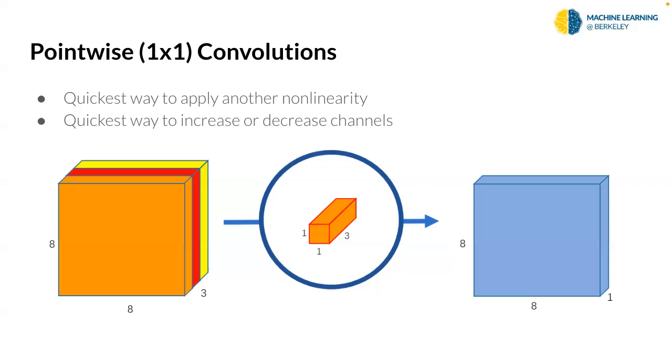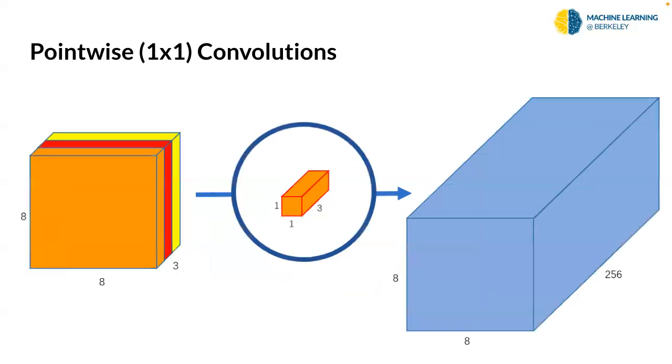Then depending on how many 1x1 convolutions you have, that's going to be the number of output channels. So you can think of it as an MLP over the channels dimension. By applying 256 of them, we can create an array of 256 features.